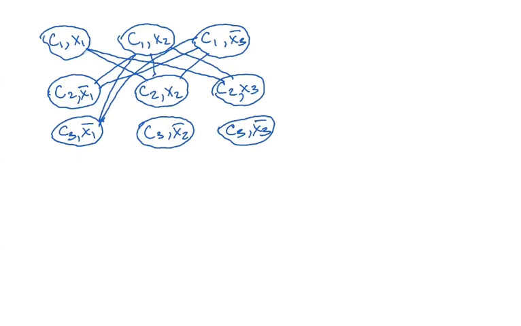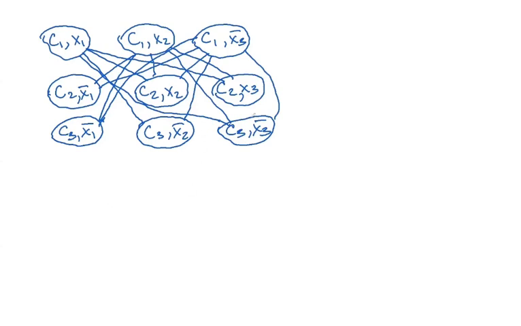C1 x1 and C3 not x2 is okay. Then C1 x2 and C3 not x2, we cannot have x2 and not x2 true at the same time. So no edge there, but we have this edge right here. And finally, C3 not x3 is connected to the first one here, the second one and the third one. So we have all three edges for this one.